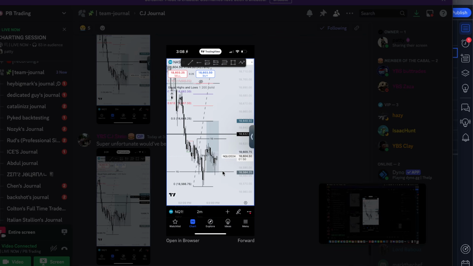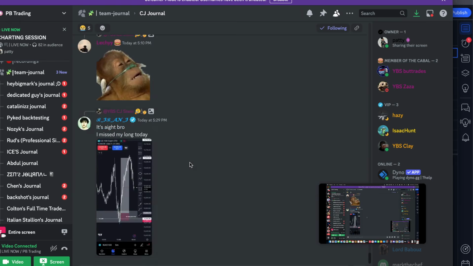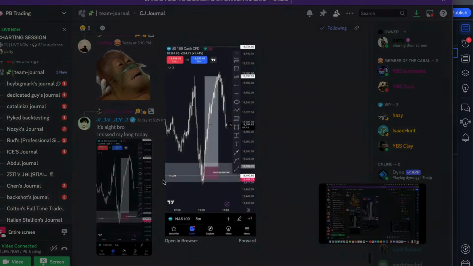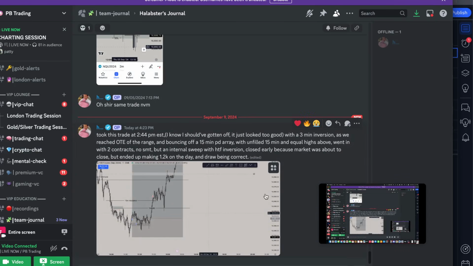Holy smokes. And yeah, that's a tight stop, my guy. I would put it right here. But you definitely didn't. I mean, your draw was right. That's just bullshit. You got bullshitted on. It's a bit of a tight stop, but I honestly thought that was pretty respectable.